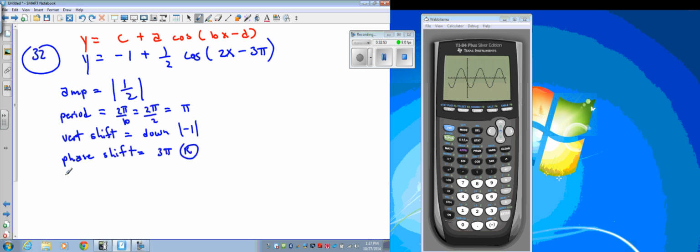Now we'll look at the interval to try to verify. So we're going to go 0 less than or equal to, and we'll put all this inside there: 2x minus 3 pi, less than or equal to 2 pi. Now, what we want to do is add 3 pi.